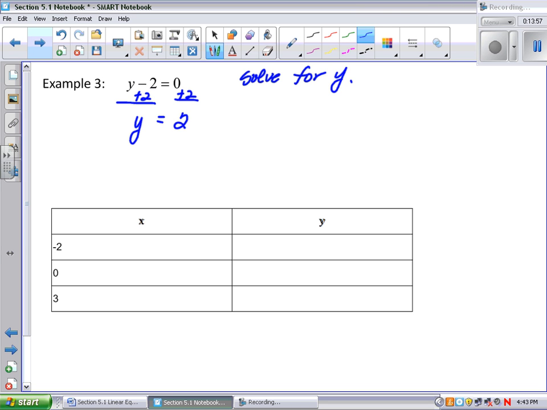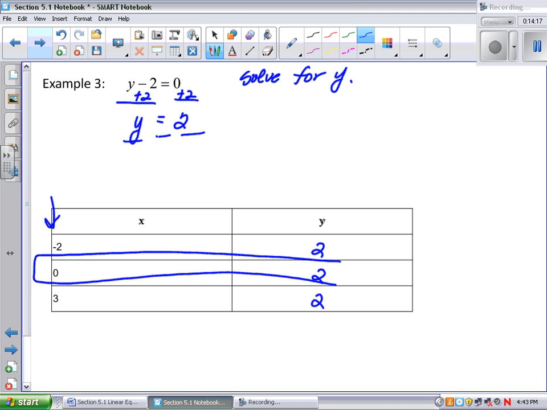So what that equation tells me is that in my chart, all of my y values must be 2. y has to be 2. So 2, 2, 2. Doesn't matter what my x values are, the equation tells me what y has to be. And again, this special kind of line, we only have one intercept. This time, though, we're going to have a y-intercept.